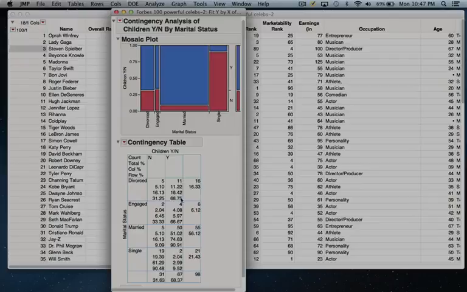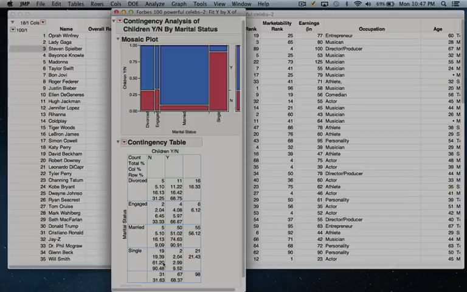So if you notice, both the row and the column percents add up to 100%. If you take the row percent, 31.25 plus 68.75 adds up to 100%. And if you take the column percents, we have 16, 6, 16, and 61, that all adds up to 100%.